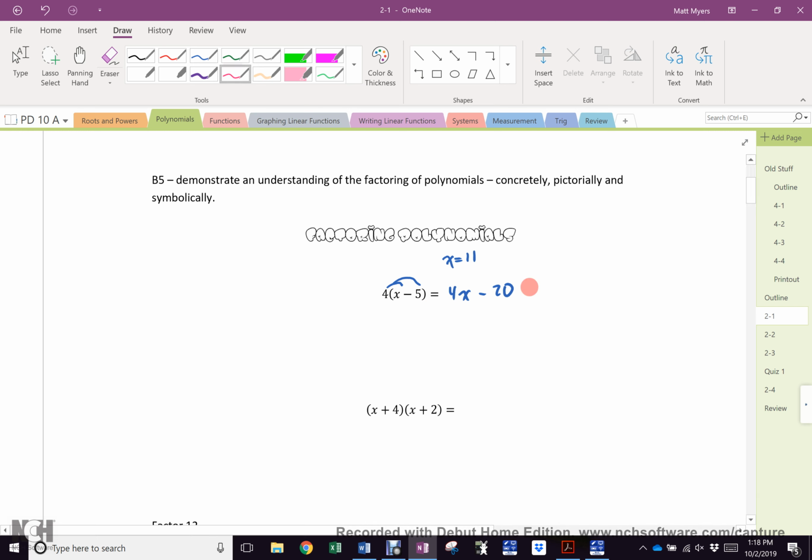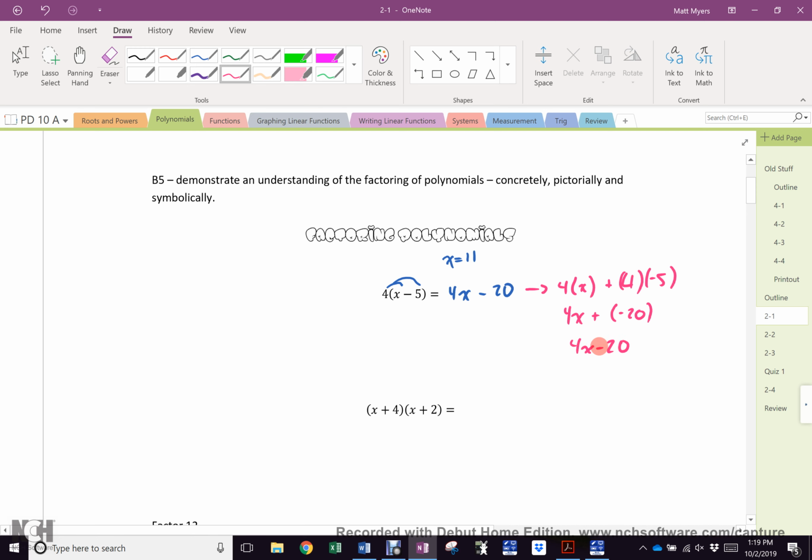I would submit that you should remember that it is 4 times x plus 4 times negative 5, which gets me 4x plus negative 20. And math people, being what they are, do not like that notation, so they invented that.